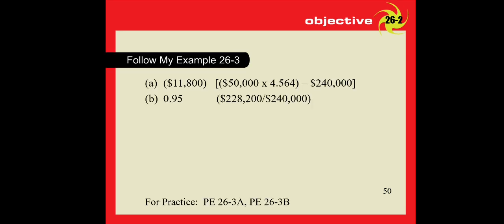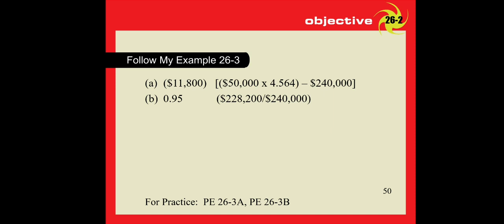To answer the first question, the net present value, you refer to the formula. So the net present value is 50,000 times 4.564. That 4.564 is coming from the annuity table. You can check there. The rate is 12%. The year is 7. So you will get that number.